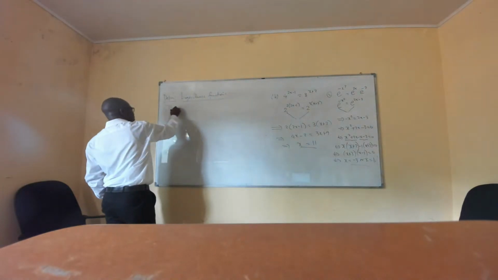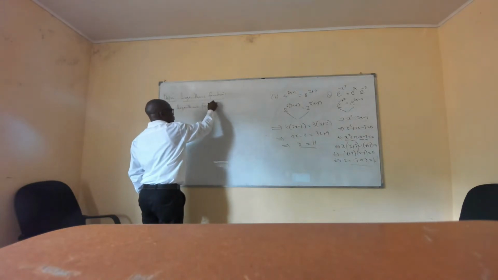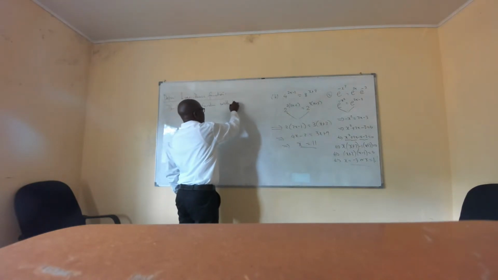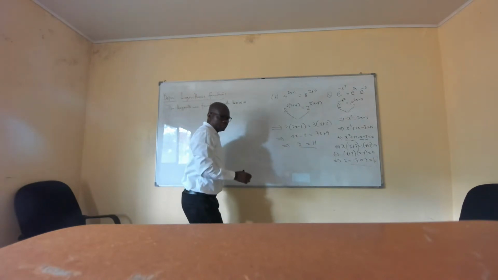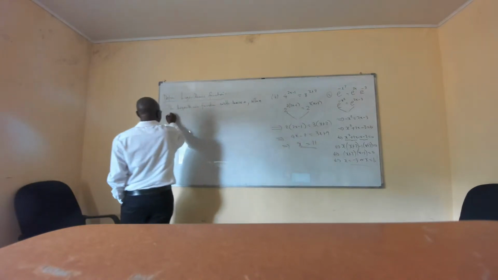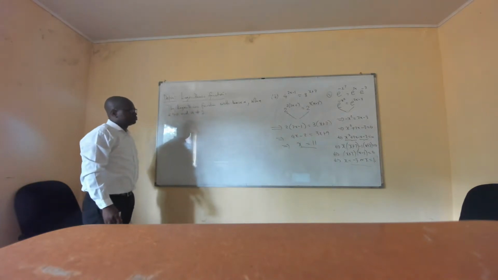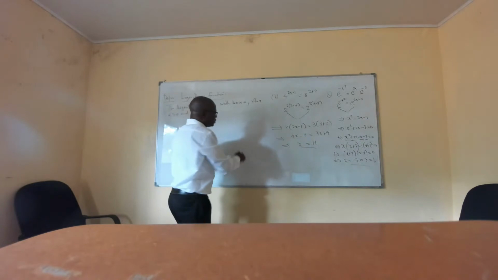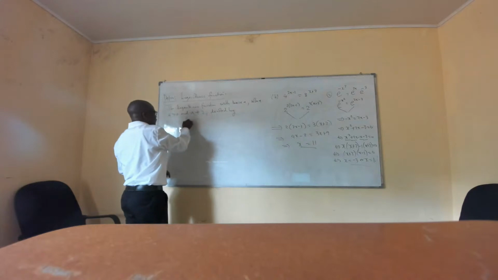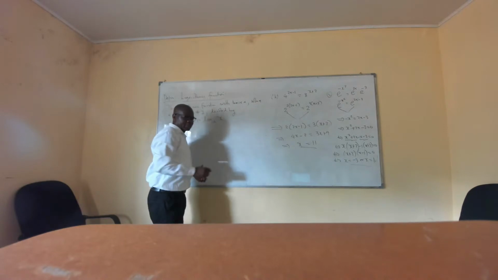We say the logarithmic function with base A, where A is greater than 0 and A is not 1, is denoted by f of x equals log to base A of the number x.